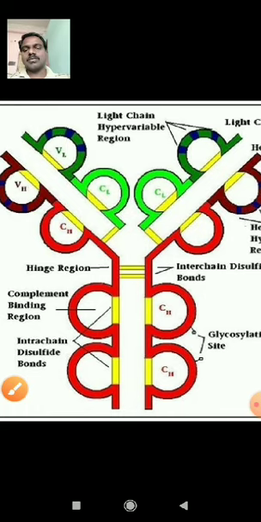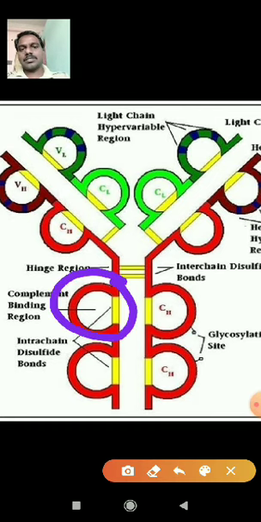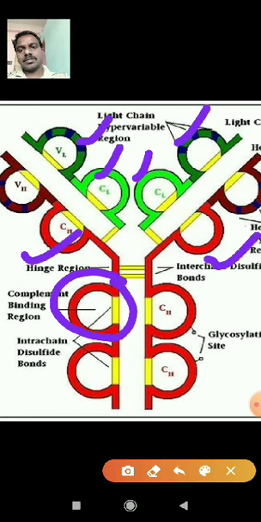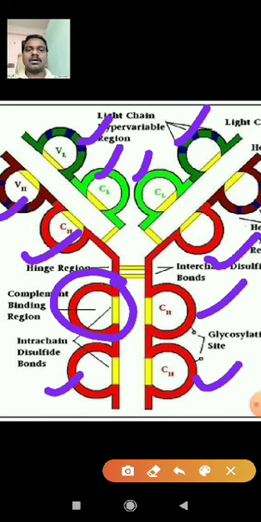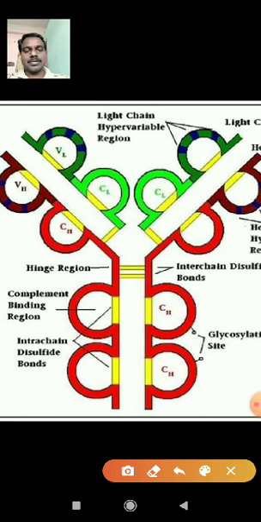The round-shaped structures, half-moon like, are the domains, present in the light chain and heavy chain. It is a very important structure in antibodies.